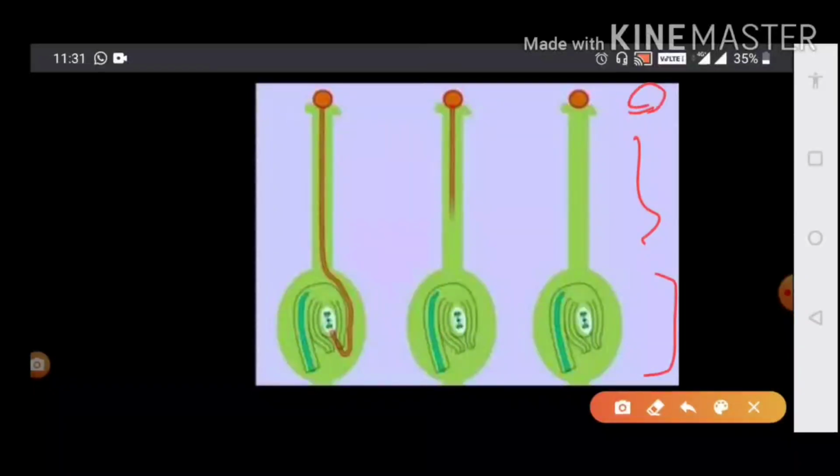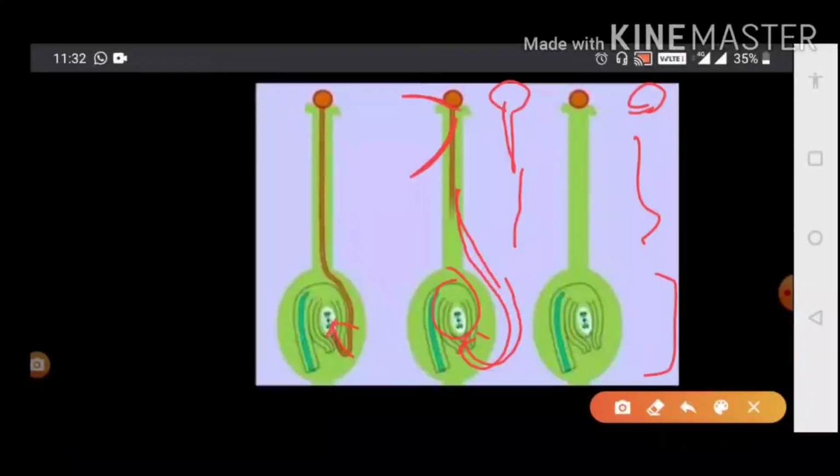Now in the second image, can you see that the pollen has germinated to form a pollen tube, and that pollen tube keeps entering through this way towards the ovule? Have you thought why the pollen tube grows only towards the ovule, not upward or sideways? Why is it only attracted towards this ovule?